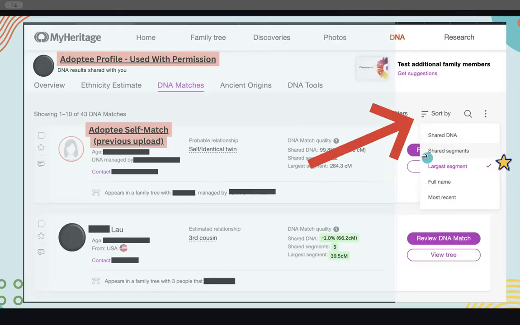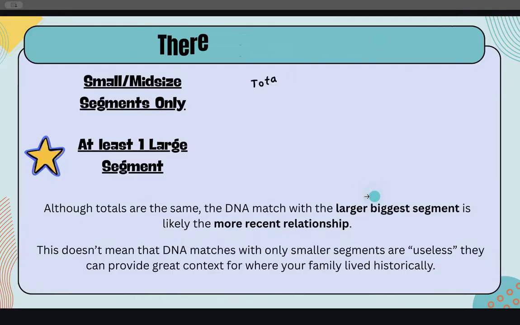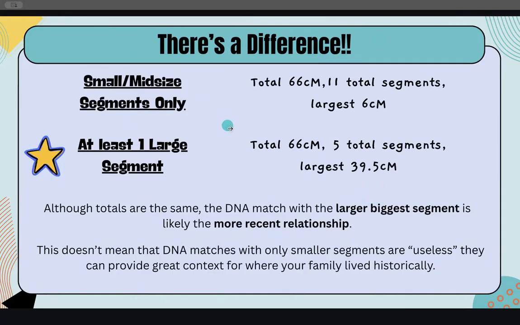And why that is, is because largest segment is what dictates the most recent relationship. So, for example, you could have two matches. You could share 66 centimorgans with each, and you might think, okay, so I should be equally related to both. That's not necessarily the case. You might share an equal level of DNA, but how recent the relationship was can change.